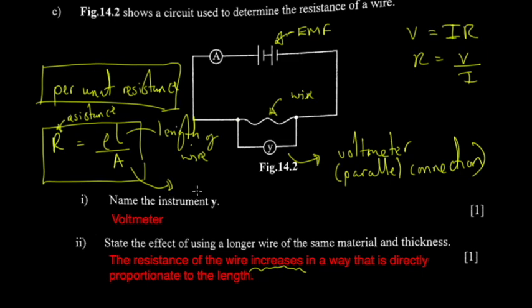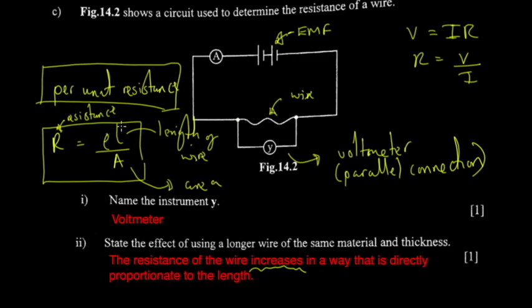This one is the area. So here, if the area increases, it means that the resistance goes down. Thick wires have lower resistance than thinner wires of the same material. Okay, this is called the coefficient of resistivity, and it's unique to every material.